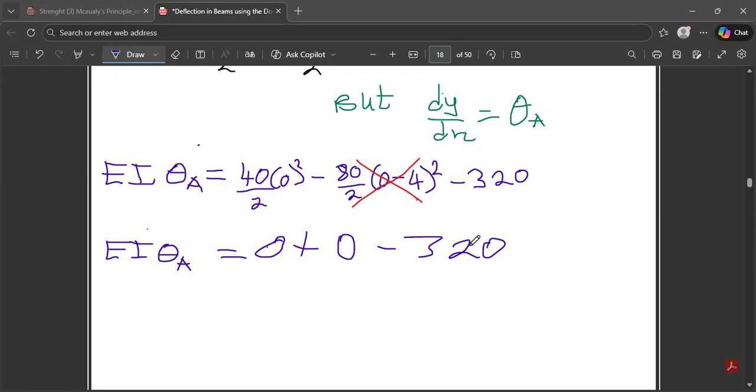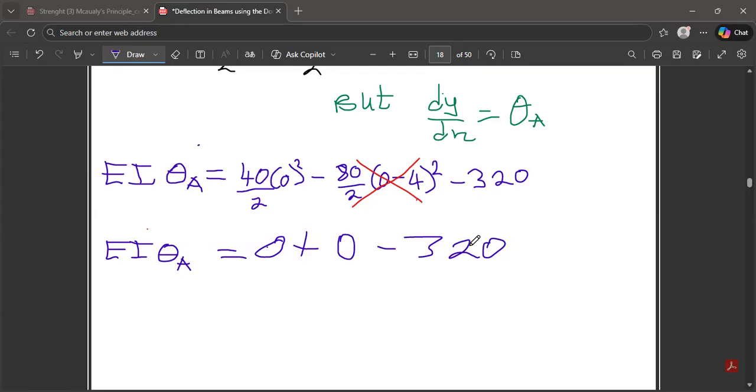So our EI, what was the value of our EI? I think the value of the EI that was given to us to use to solve the problem was 108. Okay, I forgot to give it to you. 108 times 10 exponent 3.